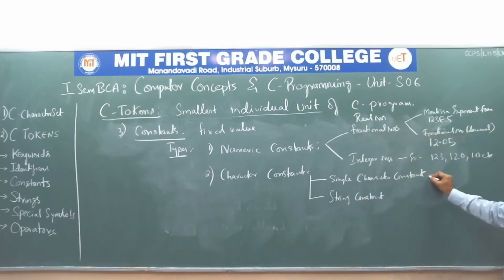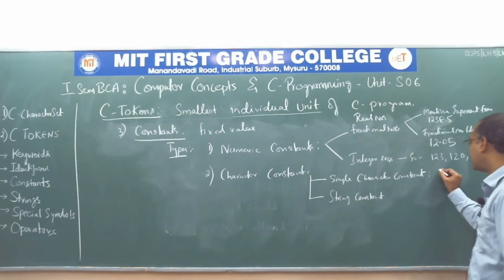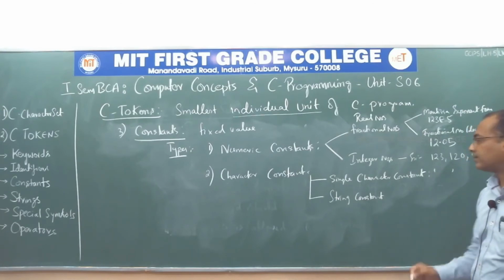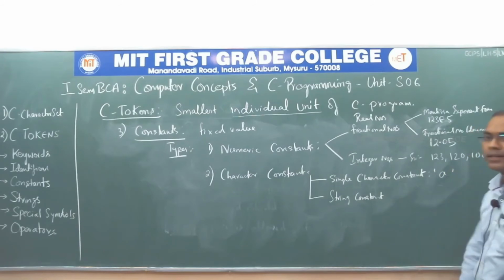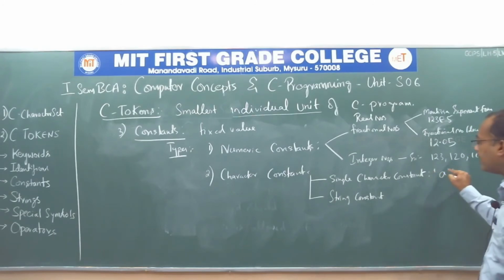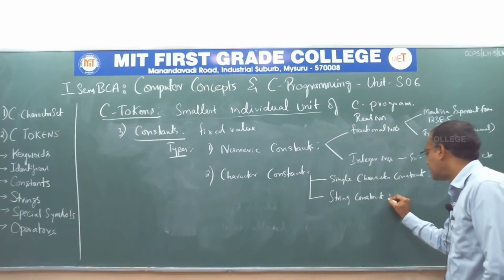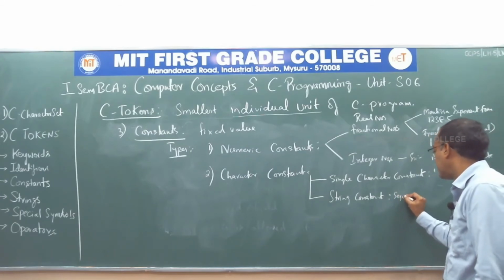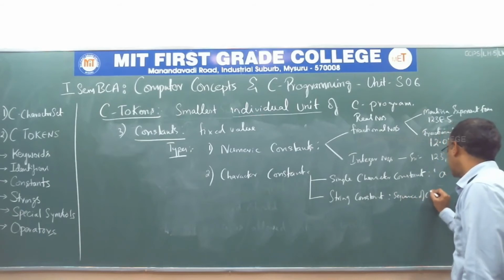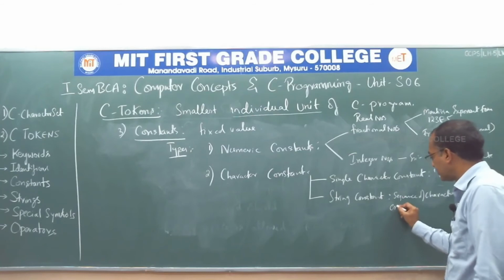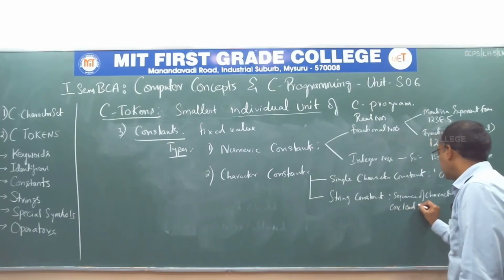Single character constant means only one character, so you use a single quote to represent that. One character, you write it and enclose it in single quotes. Similarly, string constant is nothing but a sequence of characters enclosed in double quotes.